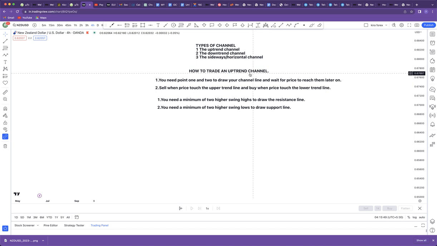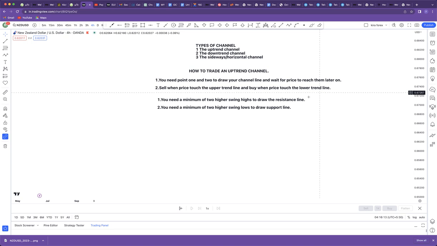So this is for an uptrend channel. Now in an uptrend channel, you need what? You need point 1 and 2 to draw your channel line and wait for price to reach them later on. Then, sell when price touches the upper trend line and buy when price touches the lower trend line.